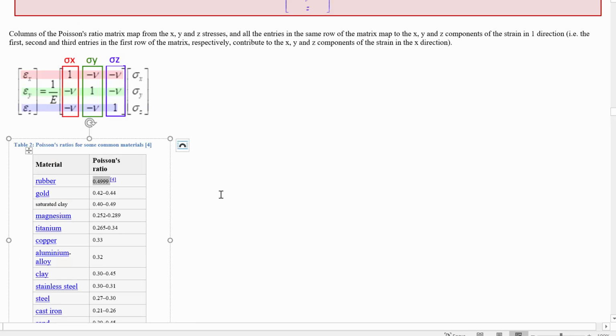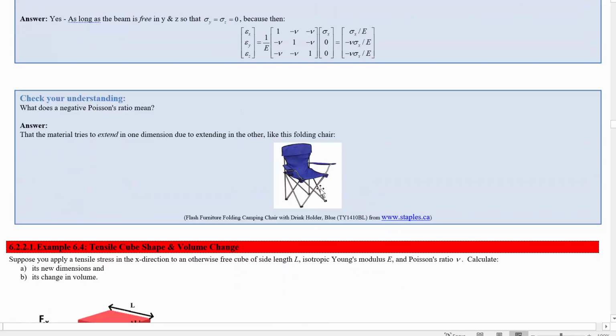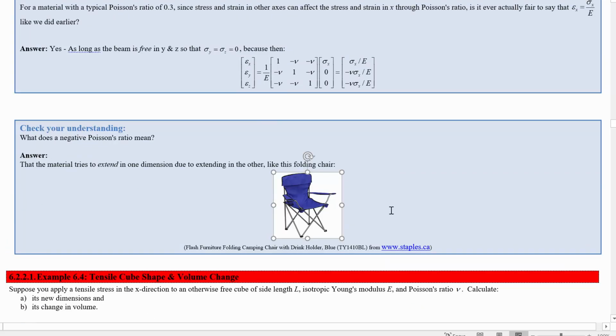A Poisson's ratio of 1 would mean that it actually expands by more in the other dimensions, right? Like you compress it by 10% and it expands by 10% in both of the other dimensions, means the volume has increased.